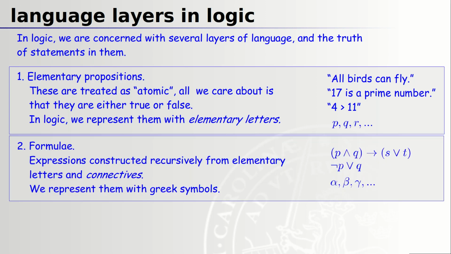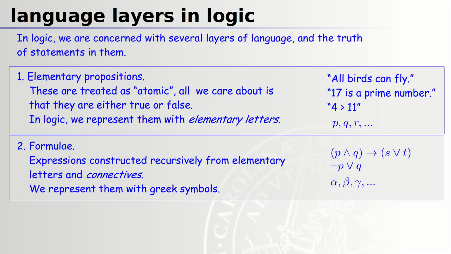The next are the formulae we construct from these elementary propositions and the various connectives we use to compose them. Using the truth tables for our basic connectives, we can build truth tables for any formula. Note, however, that the size of the truth table, specifically the number of rows, depends exponentially on the number of different elementary propositions in it.